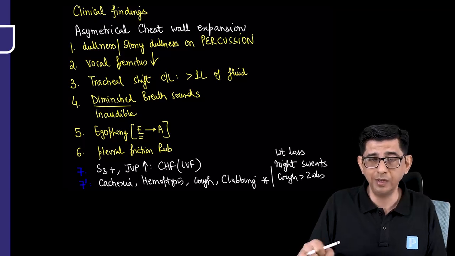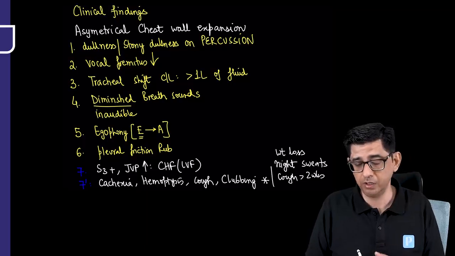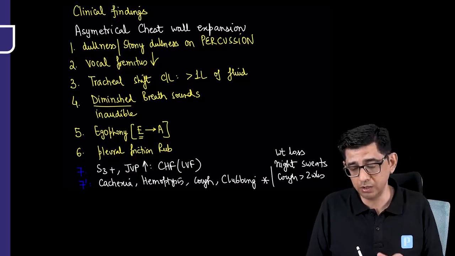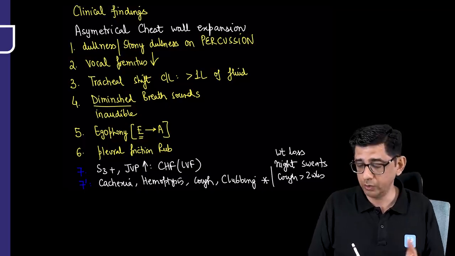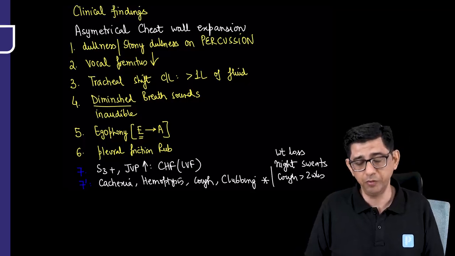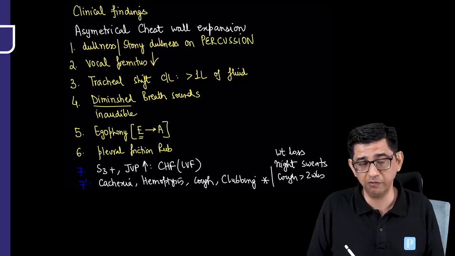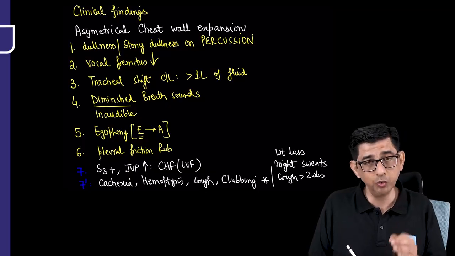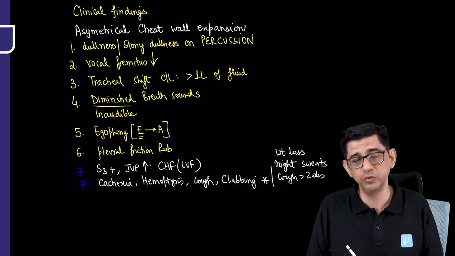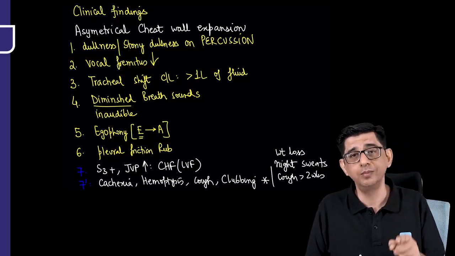So the data in white is going to be the starting line of the MCQs. And the remaining information that I've written, stony dull percussion note, tracheal shift, diminished breath sounds, these are going to be findings in the later part, which will tell you it could be tubercular pleural effusion, or malignancy, which is responsible for pleural effusion. In fact, malignancy will cause extreme breathlessness because it's usually a massive pleural effusion, or it could be heart failure, which could contribute to bilateral pleural effusion.